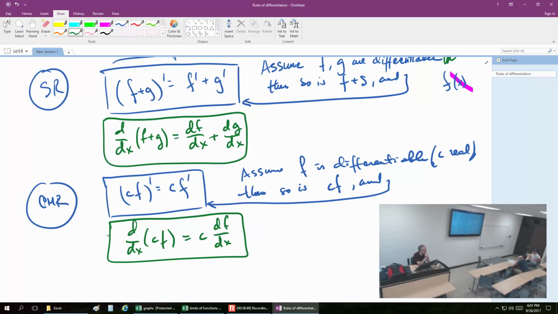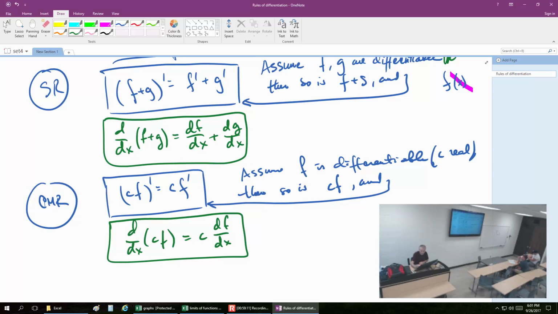The second rule can also be interpreted: if you're covering twice the distance, then your speed is twice as large.